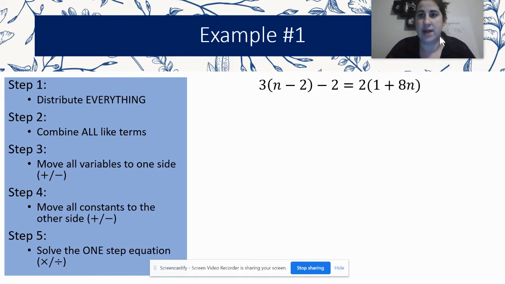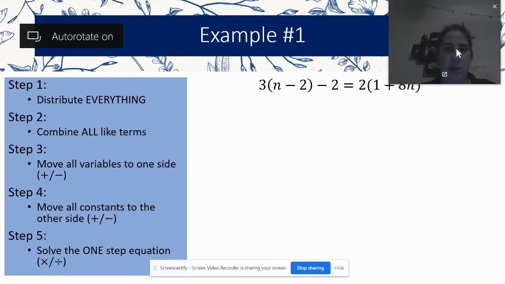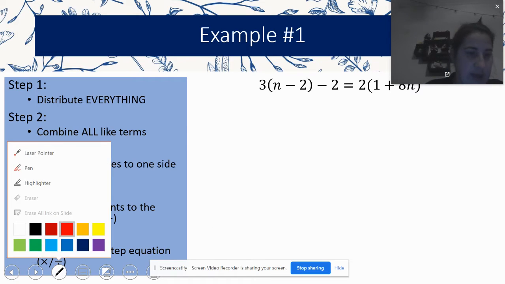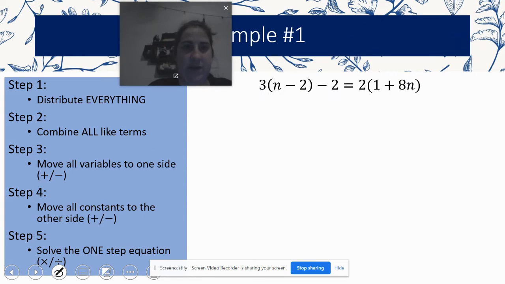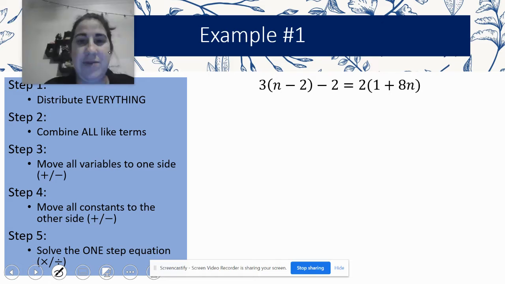Okay, let's go ahead and do this example. So, do I have anything that I need to distribute? Yes, I do. All right, so I need to distribute this 3.